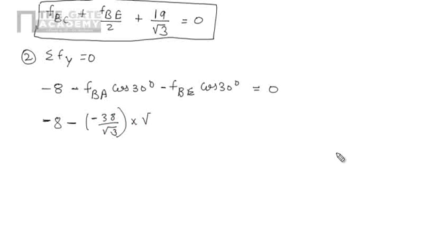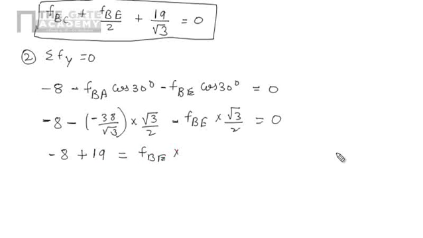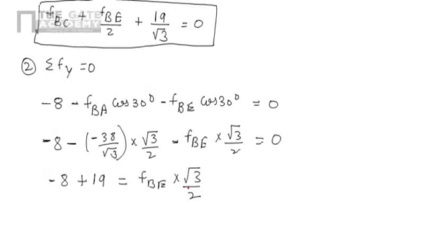Cos 30 is root 3 by 2. So we have this equation: minus of minus 19 minus FBE into root 3 by 2, which gives 19 minus 8 plus root 3 FBE by 2.